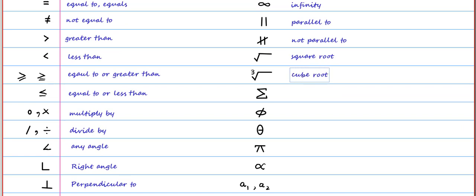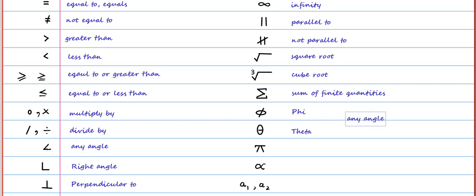And this symbol shows sum of finite quantities, and this symbol means phi. We call it phi and we call it theta. These both symbols represent any angle.